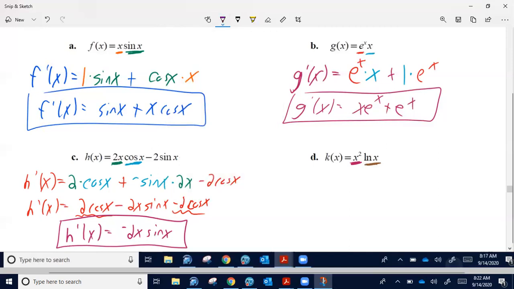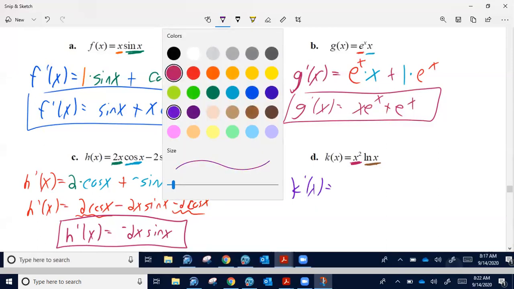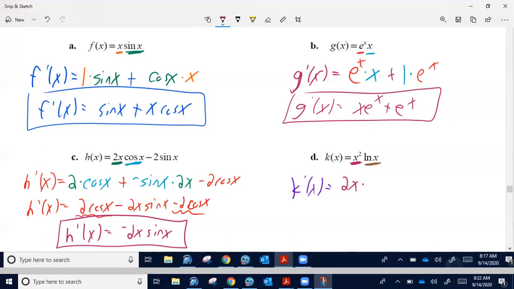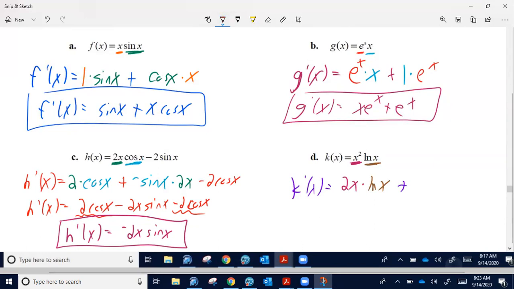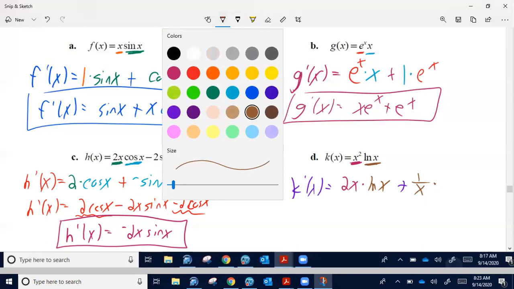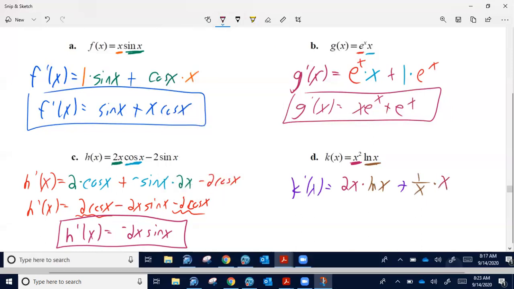So our overall derivative, k prime of x: the derivative of x squared is 2x times the second part, unchanged, ln of x, plus the derivative of ln x, which we discussed last time is always 1 over x, times the first part unchanged, x squared.